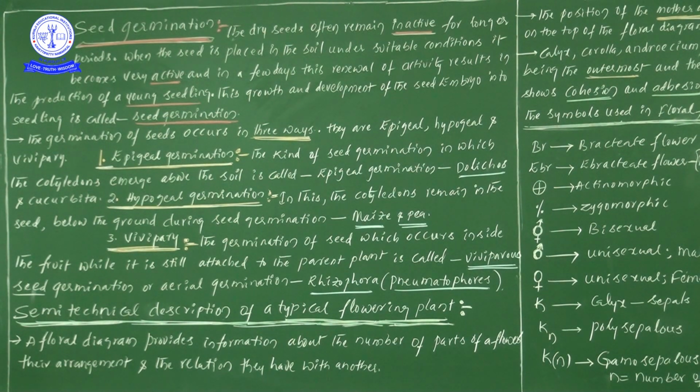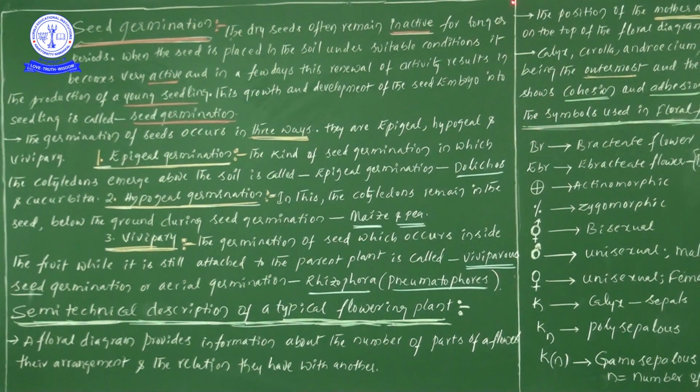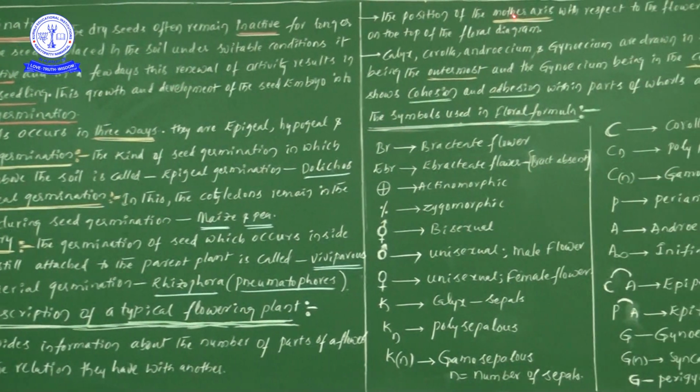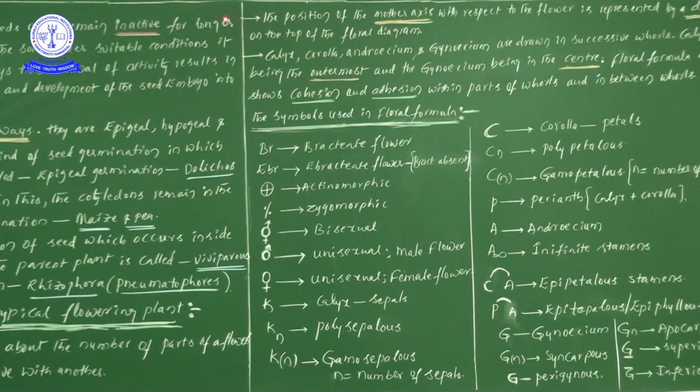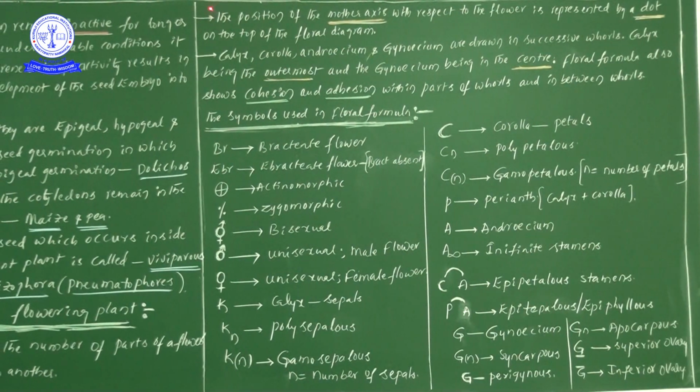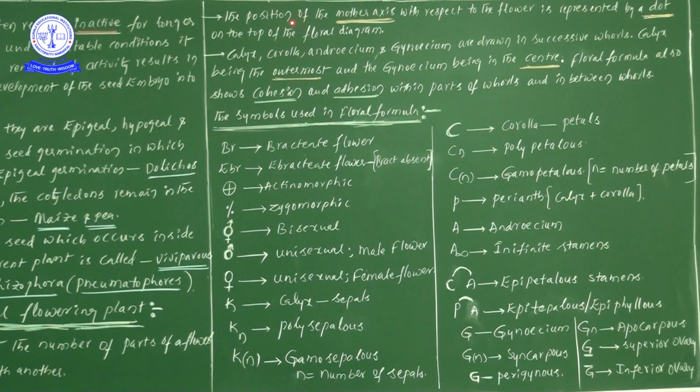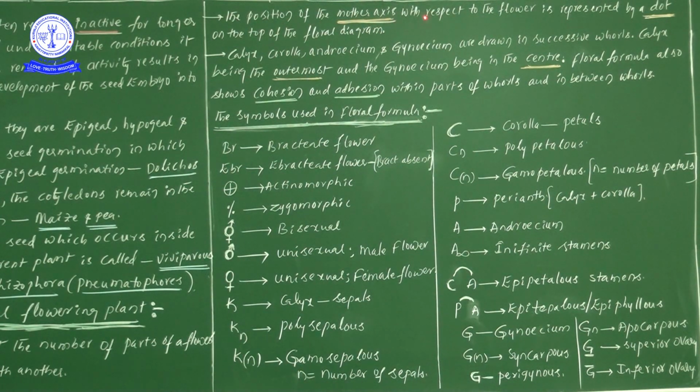So now let us see one by one. Now the position is the important point. If you are writing notes, put a star mark here. The position of the mother axis with respect to the flower is represented by a dot on the top of the floral diagram.